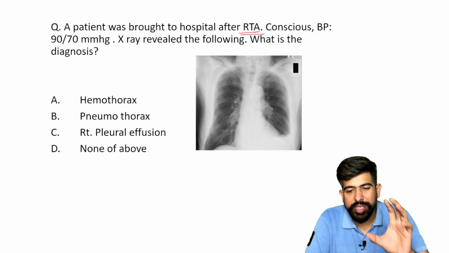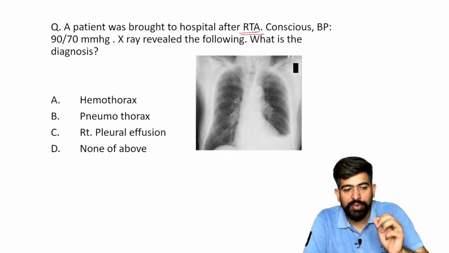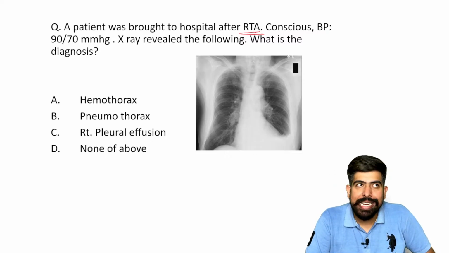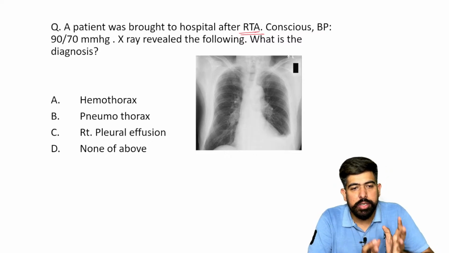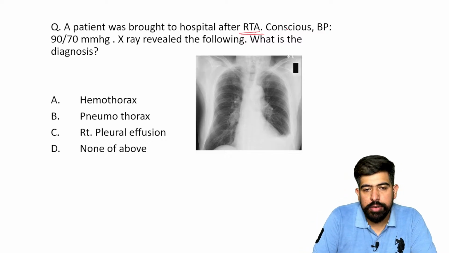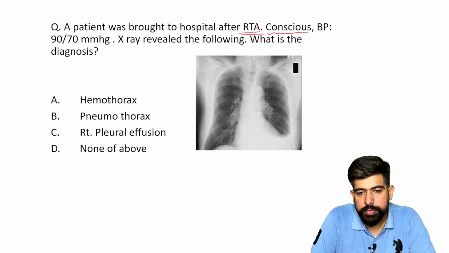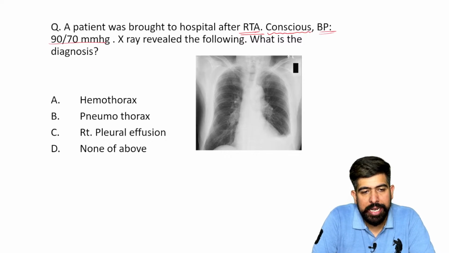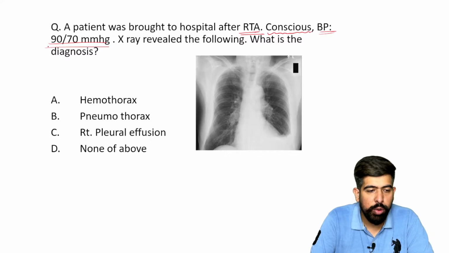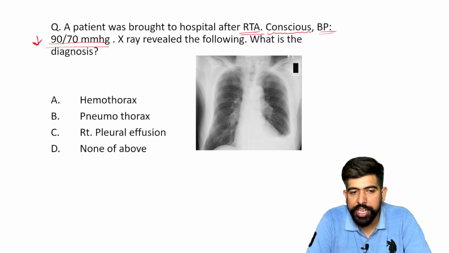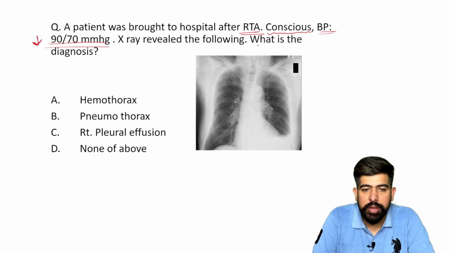A keyword is something that can help you make a diagnosis, or maybe help you get to the answer. Also, the patient is conscious, and the blood pressure is 90 by 70 mmHg. I hope you understand it is decreased, we can say low, hypotension. And the X-ray revealed the following.